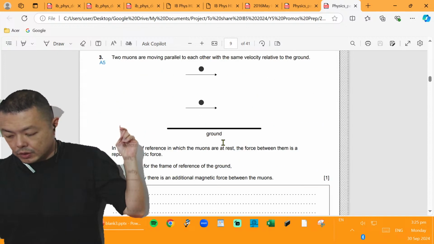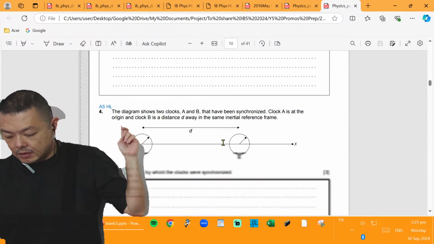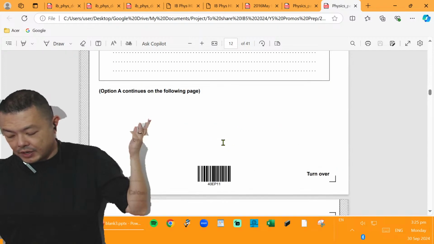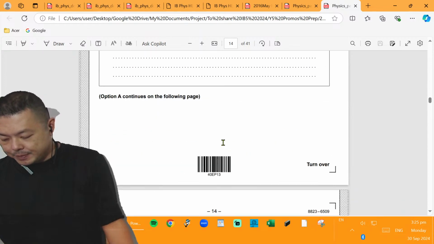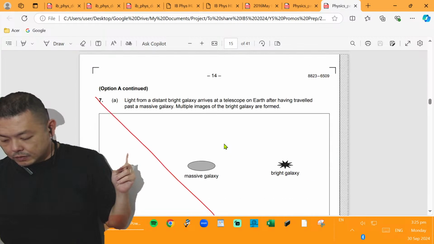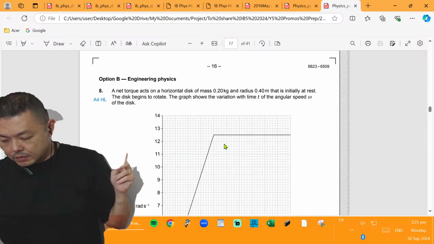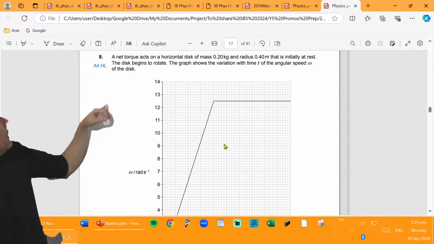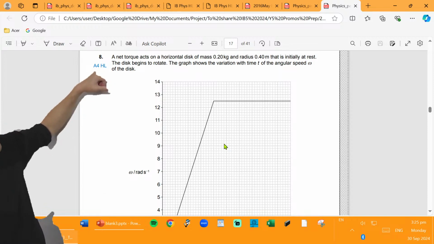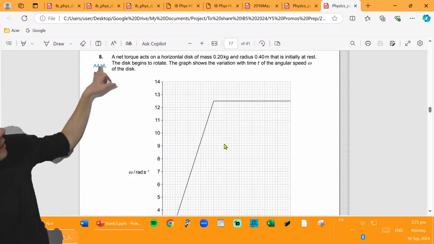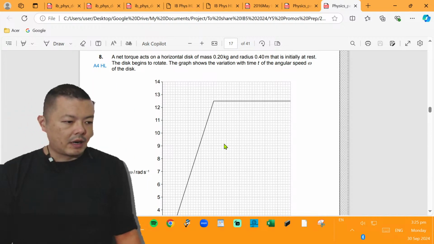If you go into this paper and scroll, I'm sorry, it's a bit messy. Then you can see this question, A4. This is in the paper tree. You can find the A4 there as well.